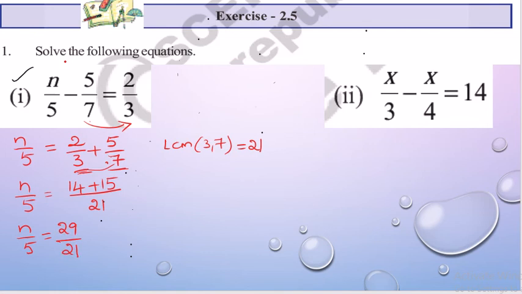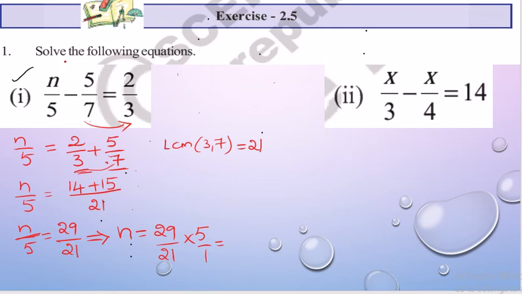Now whenever you have divided by 5, I can directly transpose it as multiplication. So n is equal to 29 by 21 into 5 by 1. So what is 29 into 5?